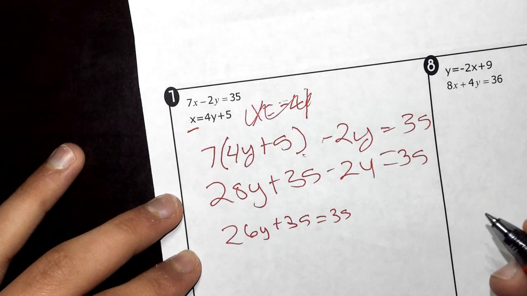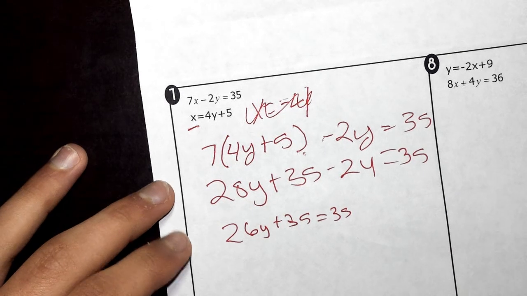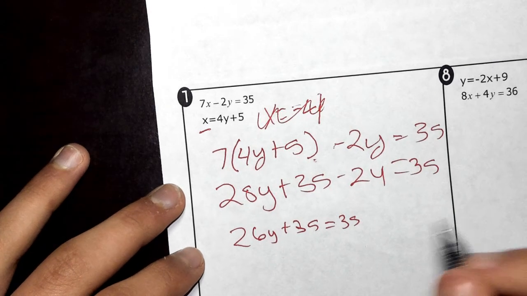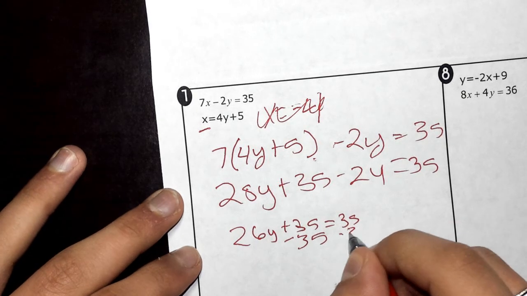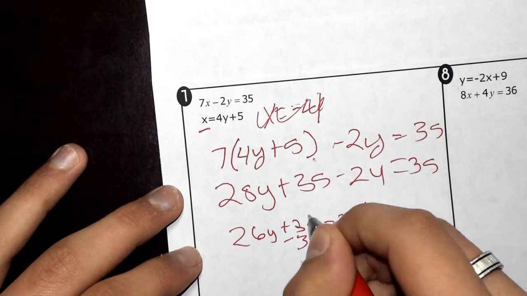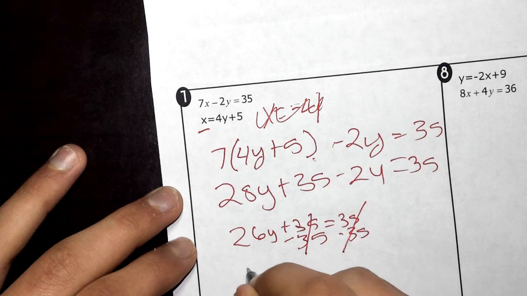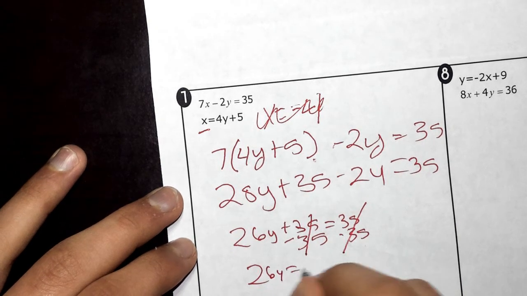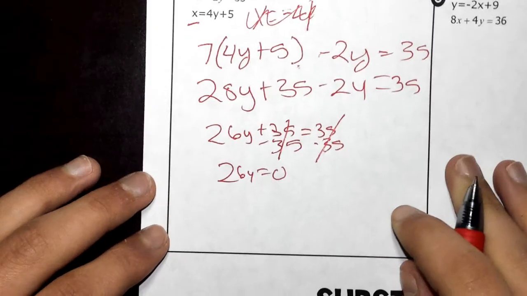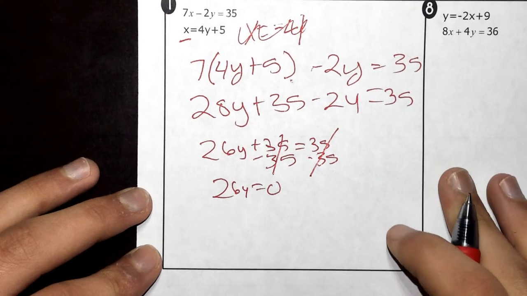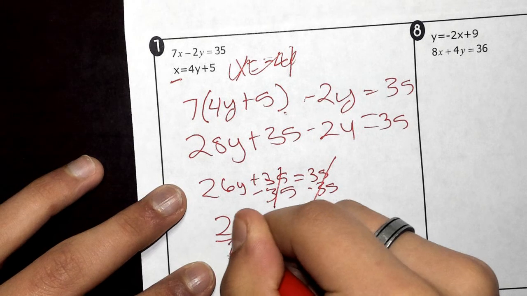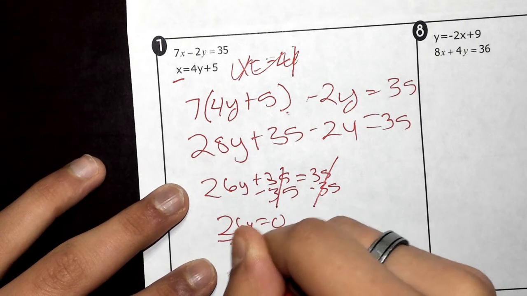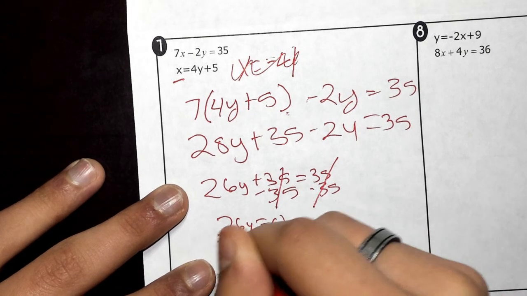Now, I know what you're thinking. Gary, what the heck? Whenever you subtract 35, it gets 26y equals 0. What the heck? Well, that just means whenever you divide by 26 on each side, y equals 0.